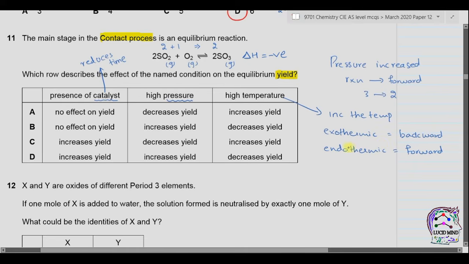Or we can say that for an exothermic reaction the yield is decreased, and for an endothermic reaction the yield is increased. In this case we have exothermic, so the yield will decrease. So the answer is part B.